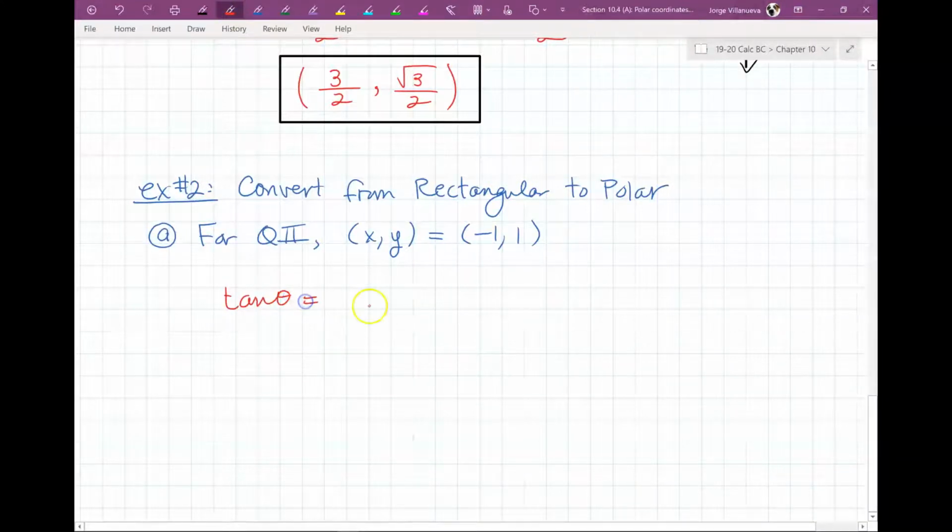So tangent of theta would be 1 over -1. So that means tangent of theta is -1, which makes sense because they say it's in quadrant 2, so tangent is negative. But it's helpful for my angle because if tangent of theta is -1, my angle has to be a 45 degree, but in quadrant 2.